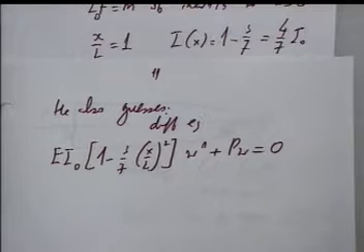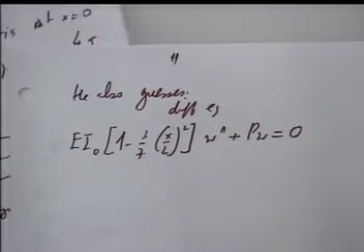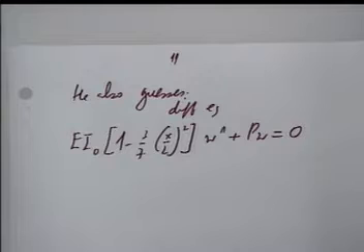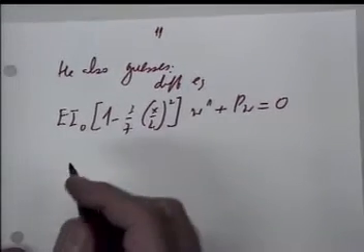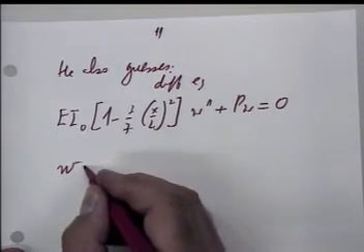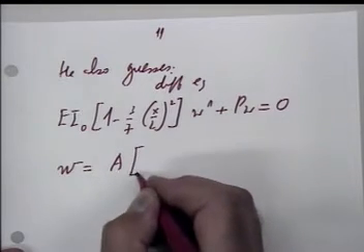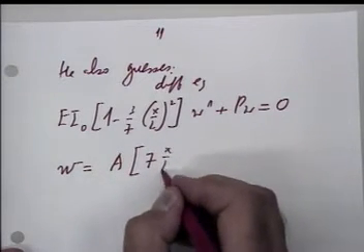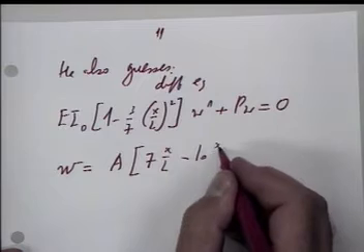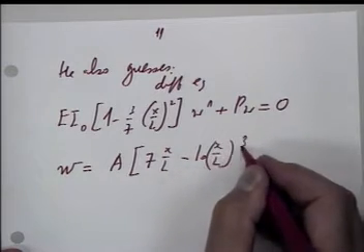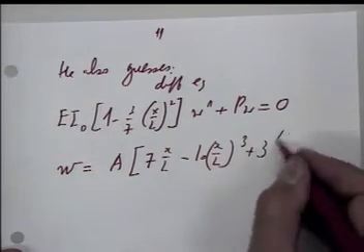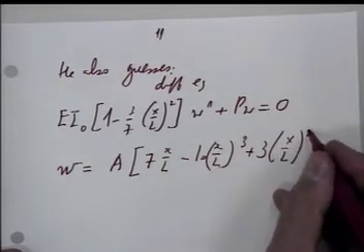That is his differential equation. Now he guesses W equals A times 7x over L minus 10x over L cubed plus 3x over L fifth power.